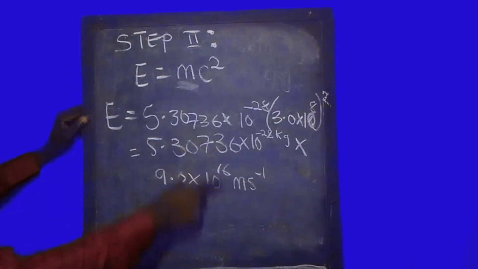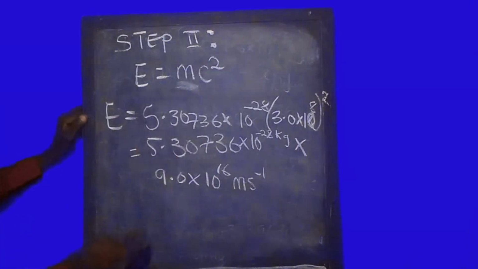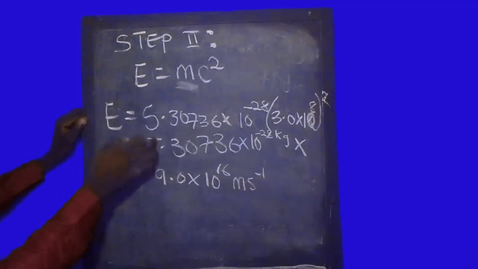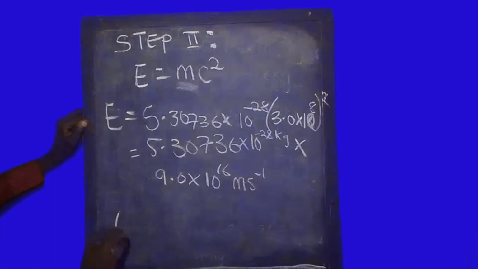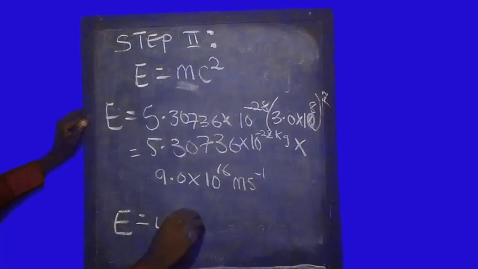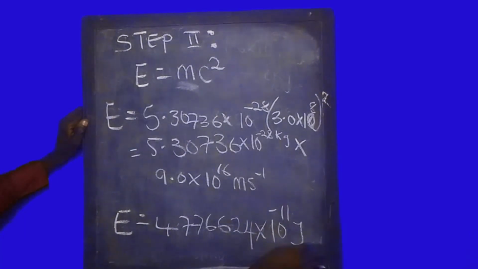So now we have just broken them into a consumable form. Therefore, if you multiply them here, you are going to have something of this nature. E is going to be equal to 4.776624 × 10^-11 joules.